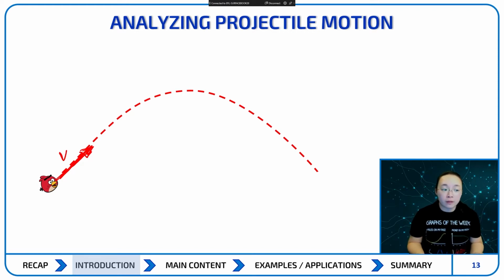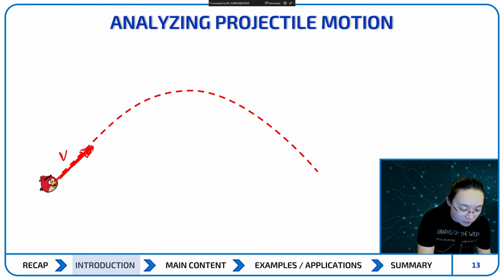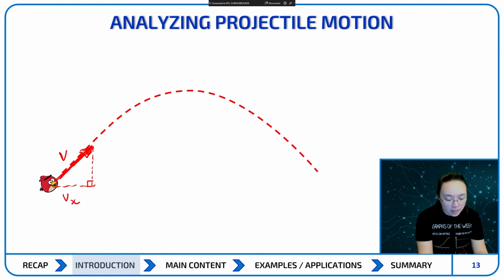One of the most important things is breaking it down into its x and y components. So you can have something like that. This means I have a horizontal velocity and I also have a vertical velocity that I have to consider.